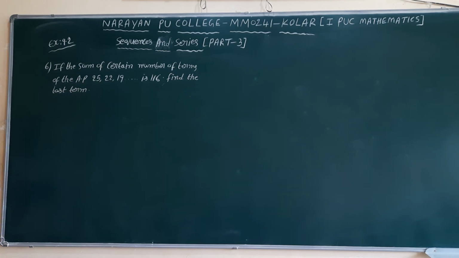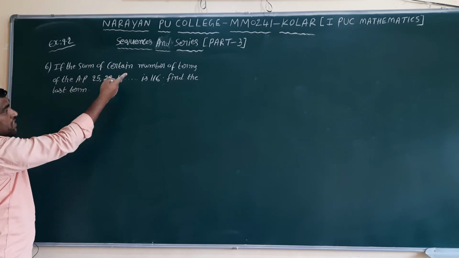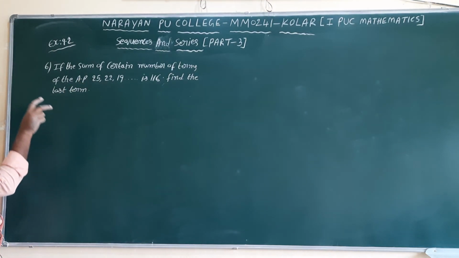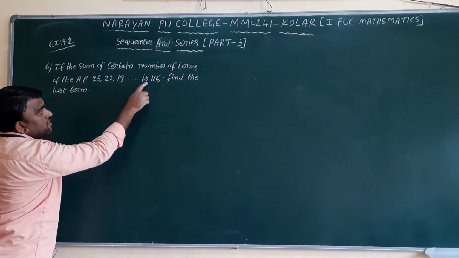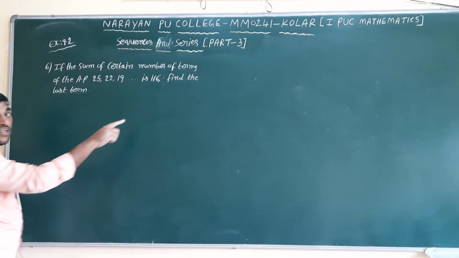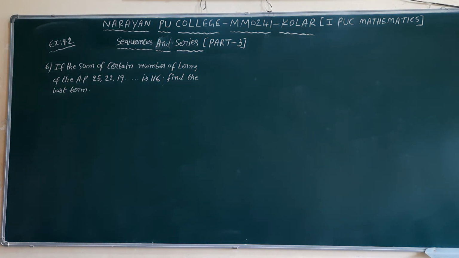Here they gave the Sn value, but n we don't know. Sum of a certain number of terms means Sn of the AP is 116. Then to find the last term, L we need to calculate.